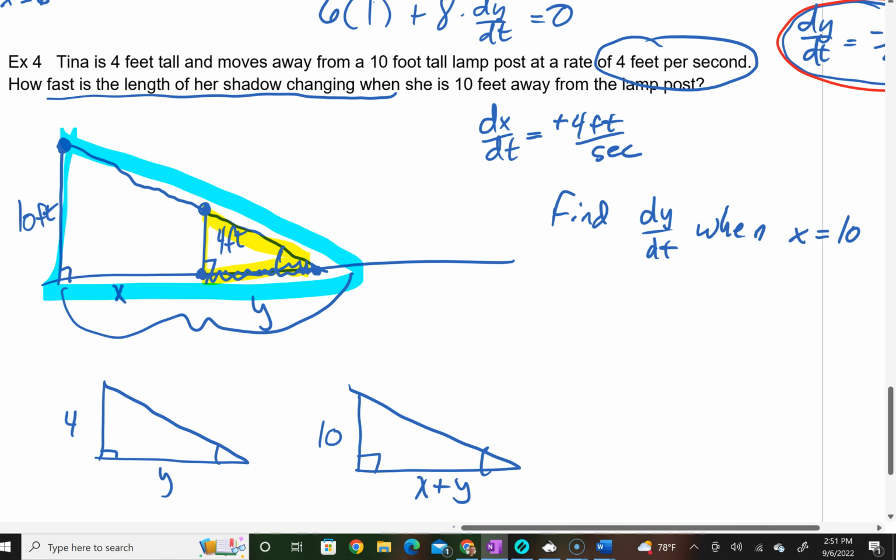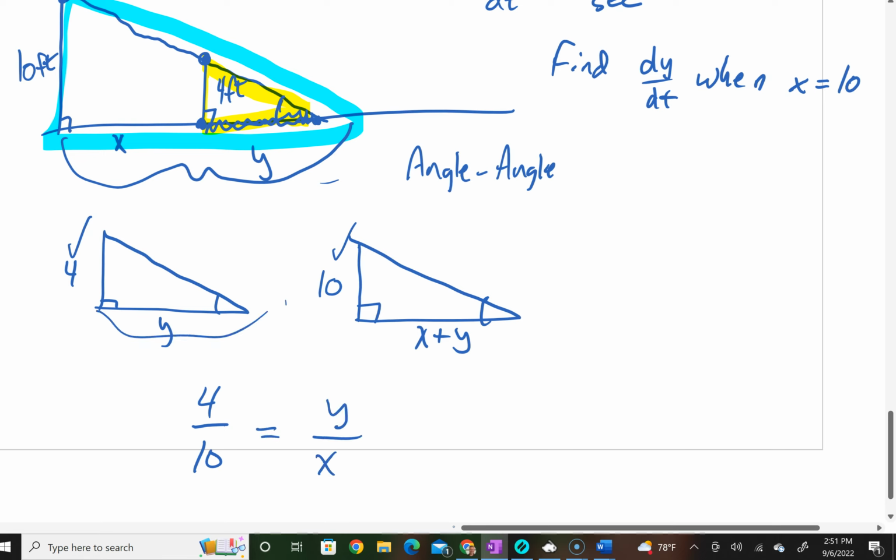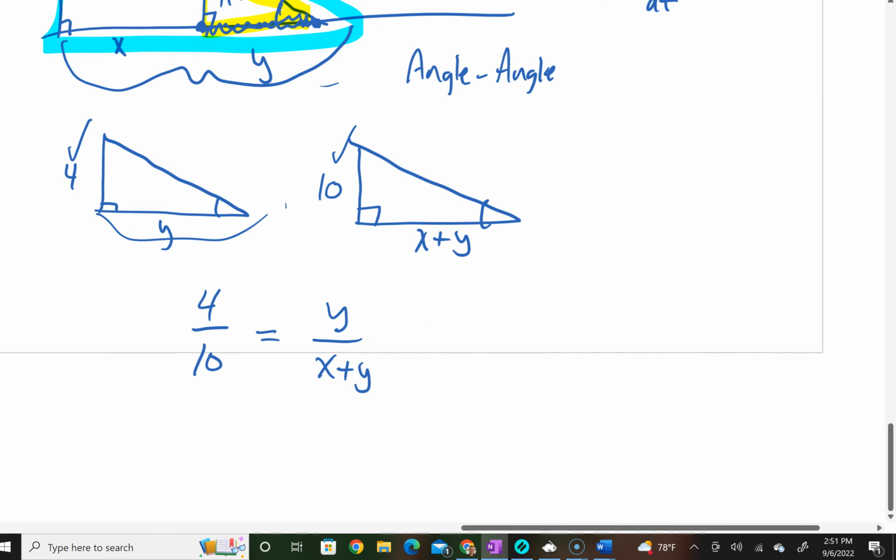You might remember when you have angle, angle in geometry, you have similar triangles. These are similar triangles. So we've got angle, angle here. So what can we do? We can say 4 goes with 10, just as y, this base, would compare to x plus y. And again, these are all functions of time.